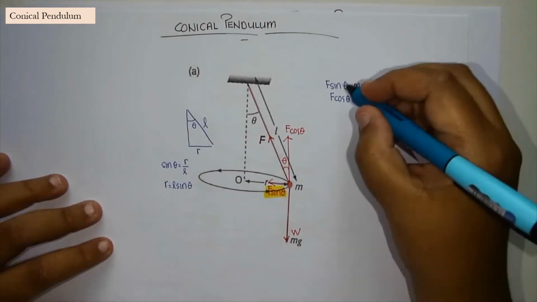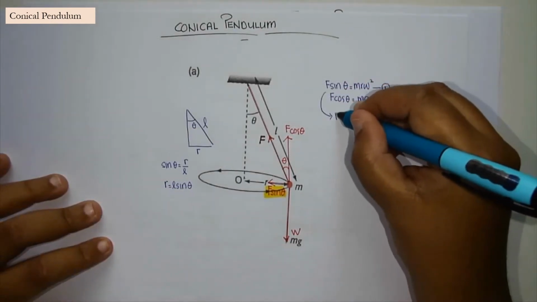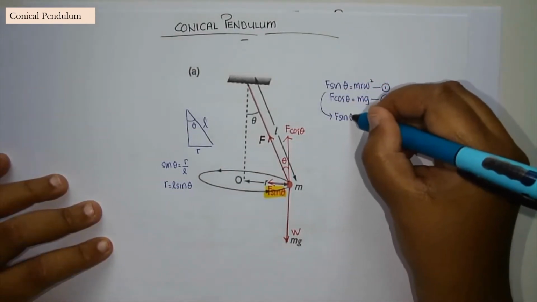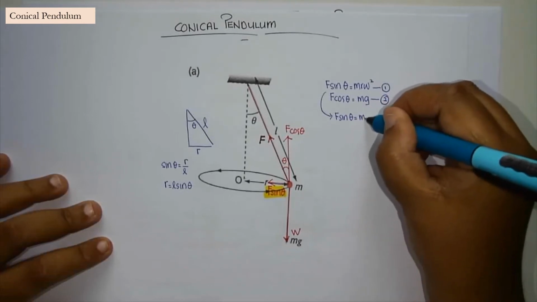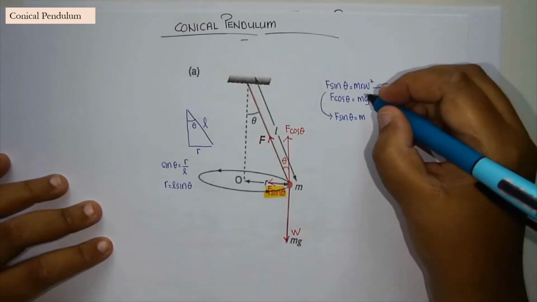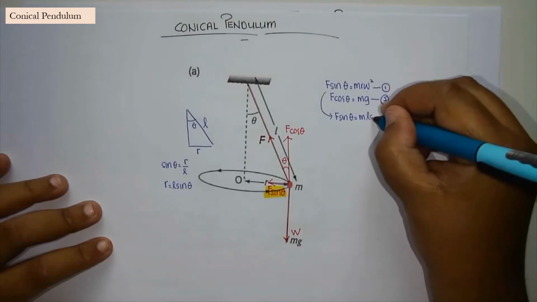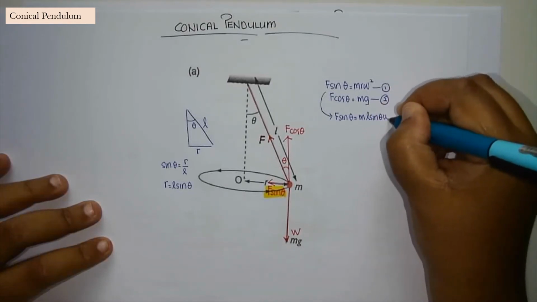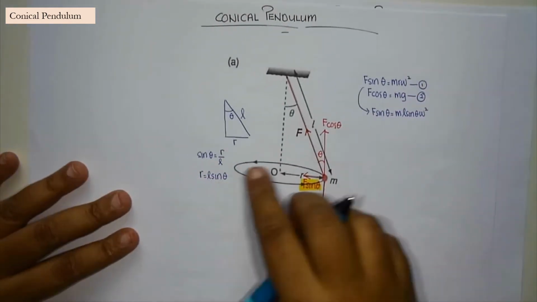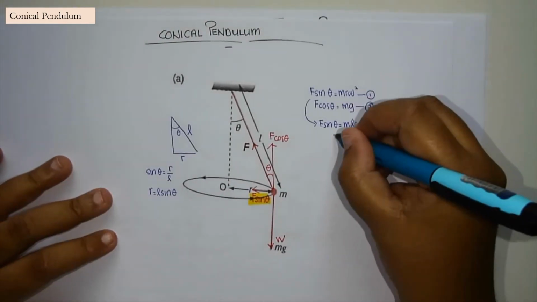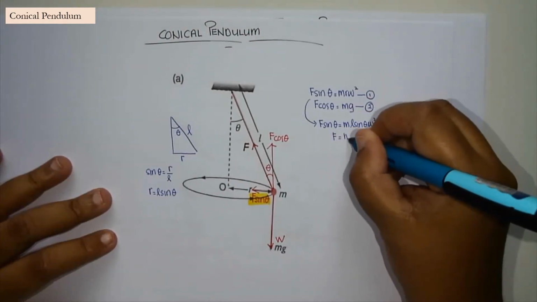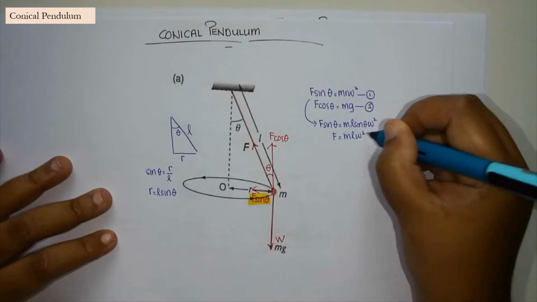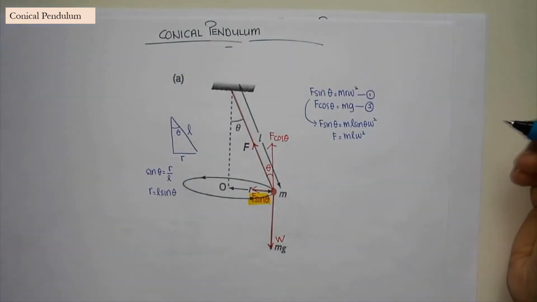So I can substitute in number 1: F sin theta is equal to m L sin theta omega square. I can substitute the r here. So what do I get? I get F equals m L omega square.